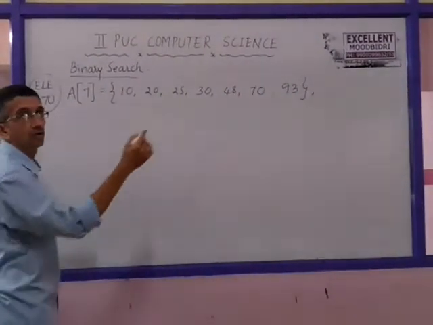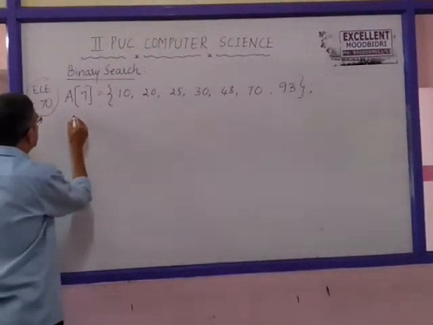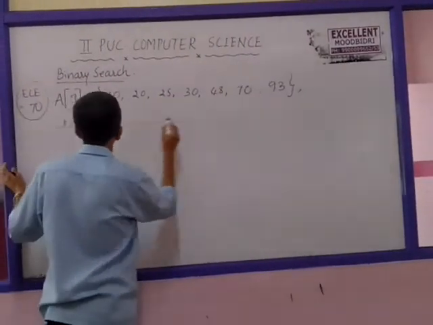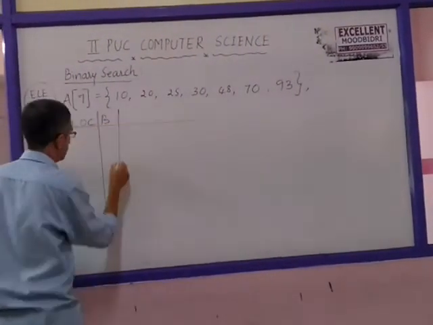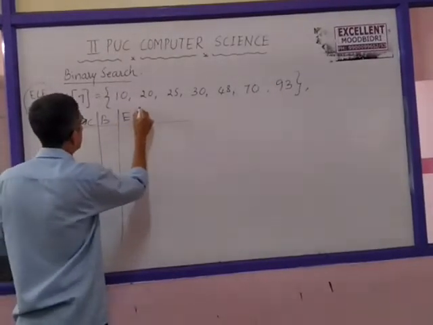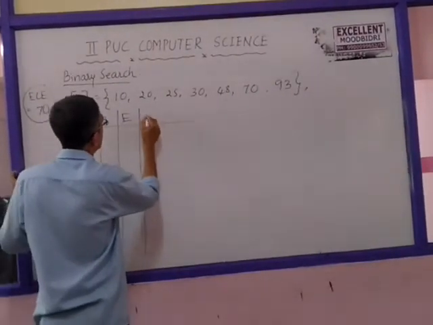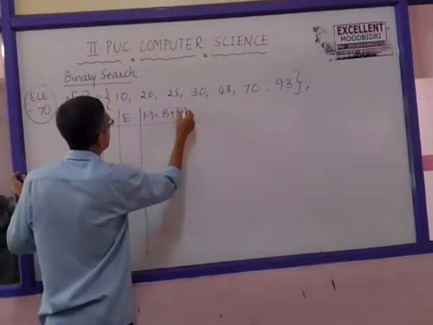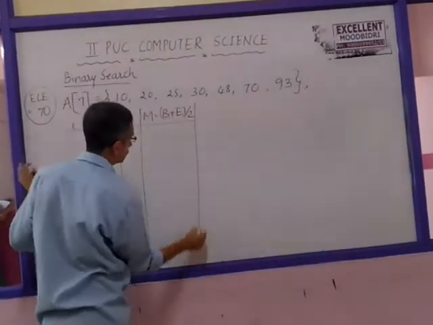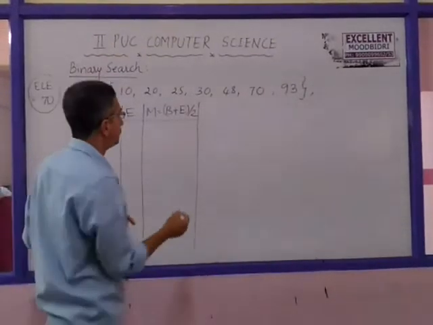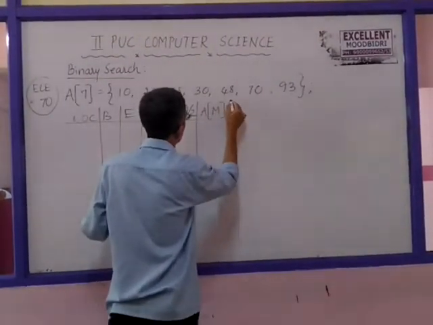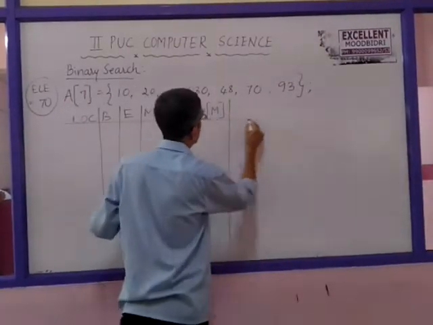For that we will make columns of variables: location, initial location, then beginning and end, and mid is equal to beginning plus end by 2, of course using integer division. Next, A of mid, the item at the middle location.